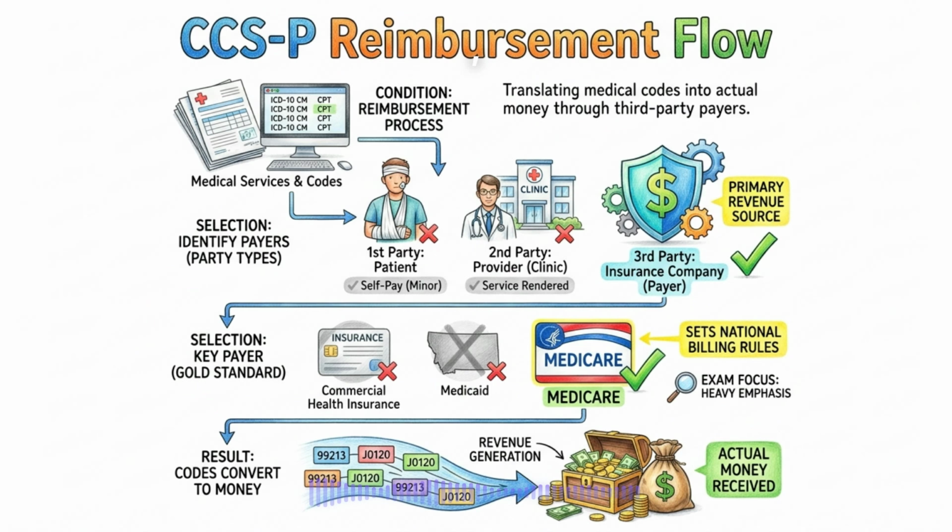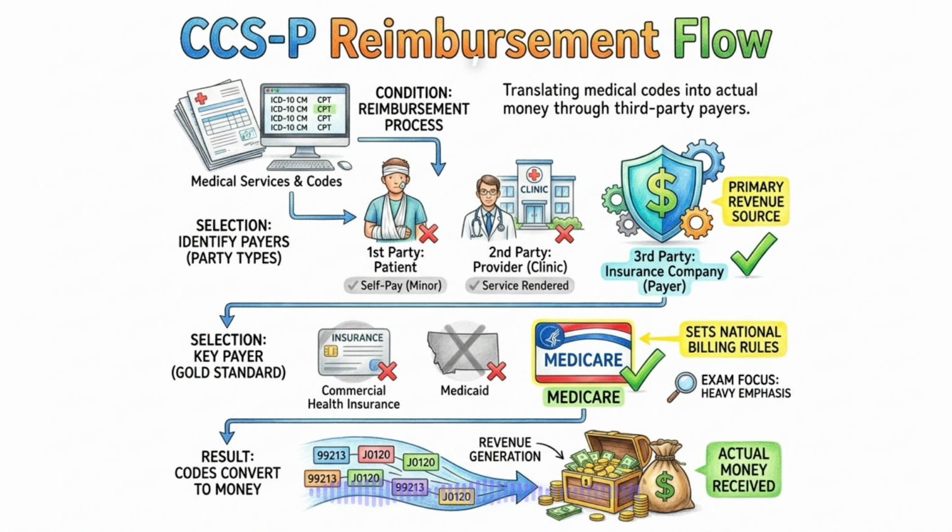Now let us transition into the reimbursement side of the business and explore exactly how medical codes are translated into actual money. In the healthcare industry, patients are known as the first party, providers are the second party, and insurance companies are the third-party payers.